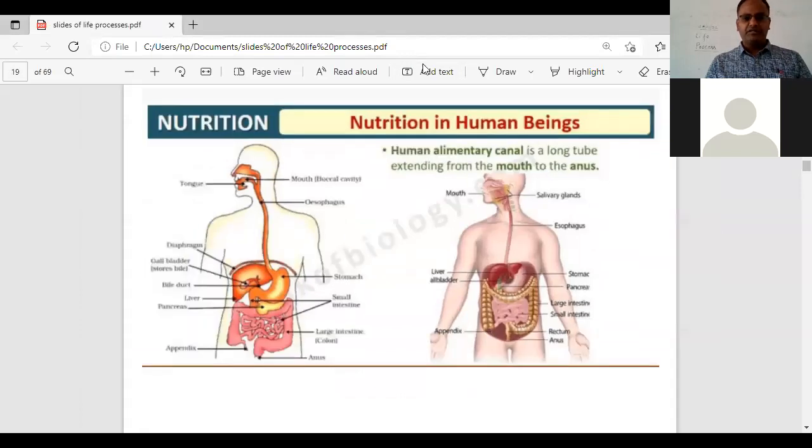For that, let me write the names of the steps also. The process of nutrition in the human being is divided into 5 steps. What are these steps that I'm going to discuss now? The process of nutrition in the human being is divided into the following steps. There are actually 5 steps.